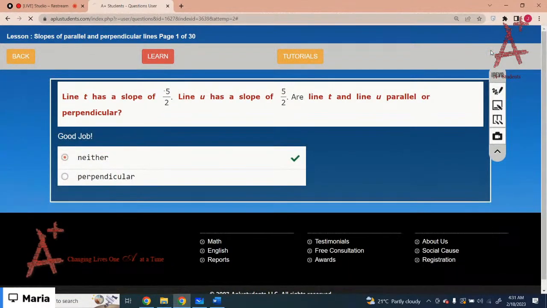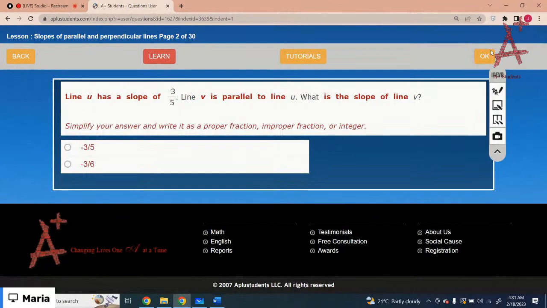Line U has a slope of negative 3 over 5.